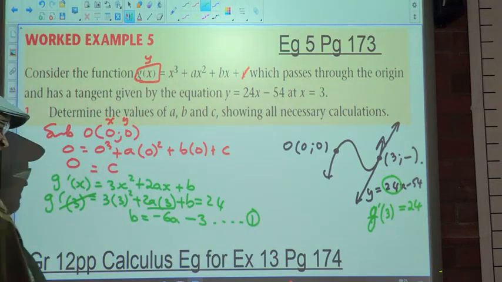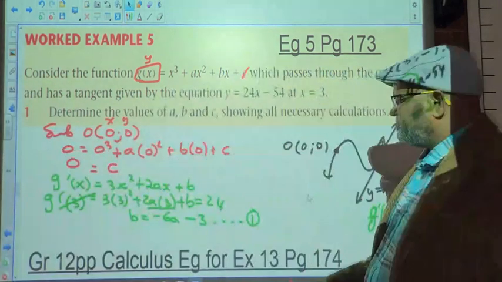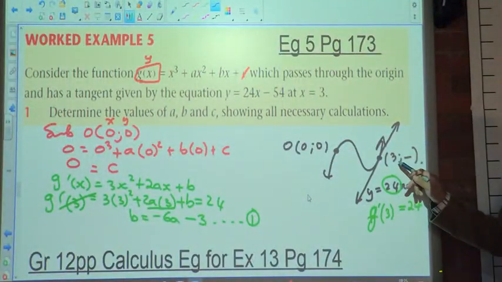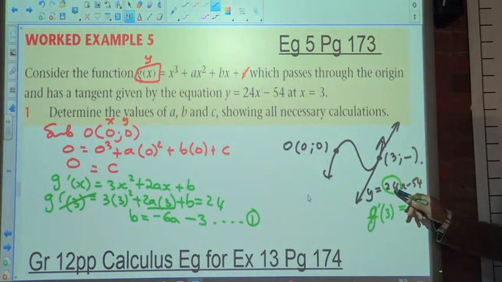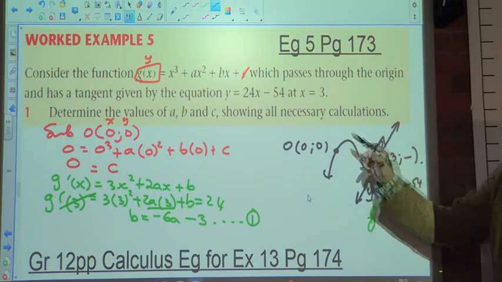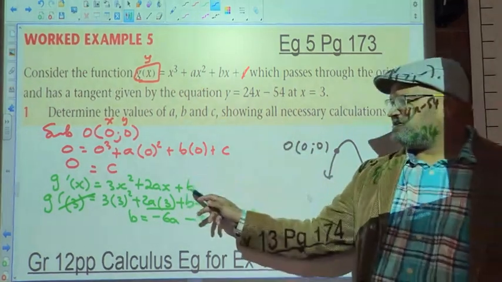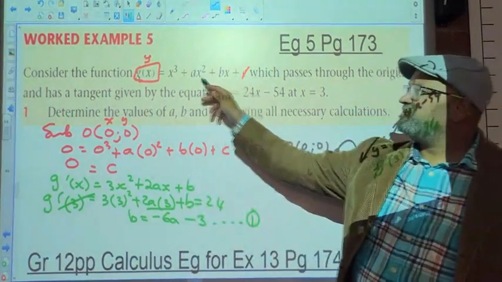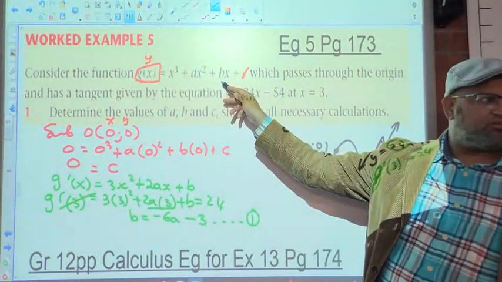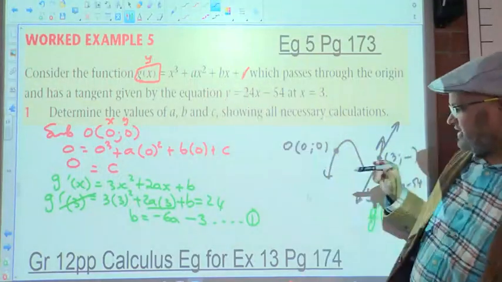So now I need another bit of information. We have used 3 and the gradient. But if I can calculate this y value here, then I can substitute that y value also into this equation here, to get the second equation.